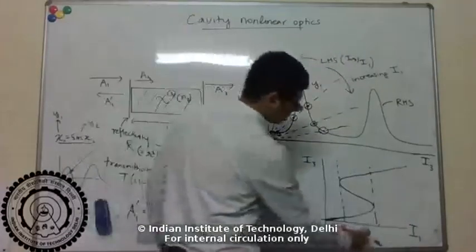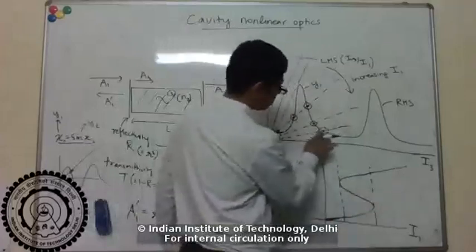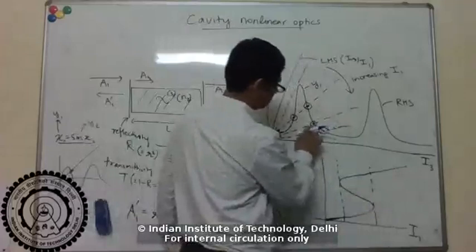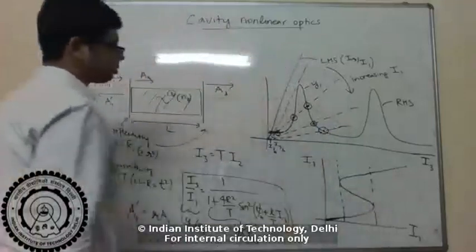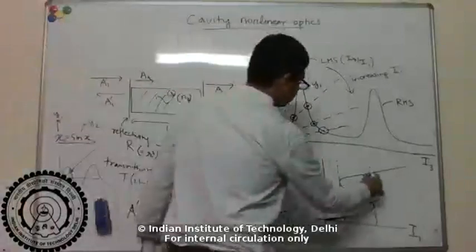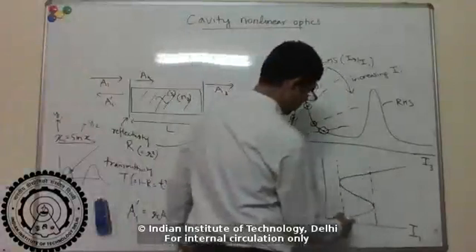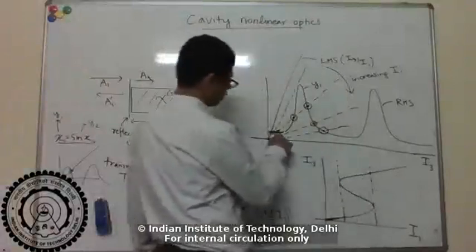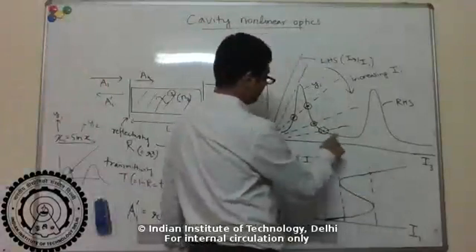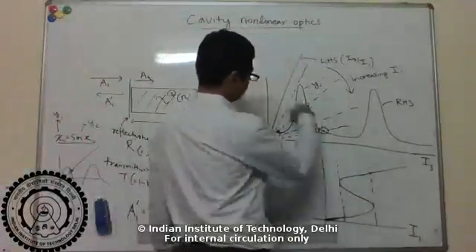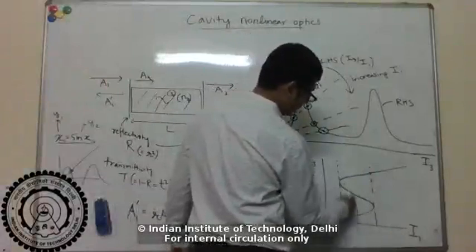And then once you cross this region, eventually again you come back to one solution. So in this region you have one solution, which is here. In this region also you have one solution, which is here. In between here you have three solutions. So for each I1 I'm getting three values of I3.